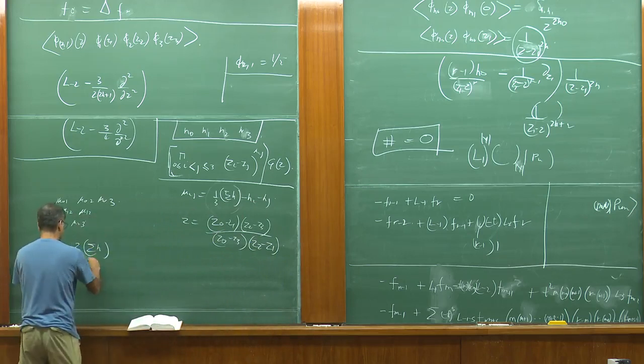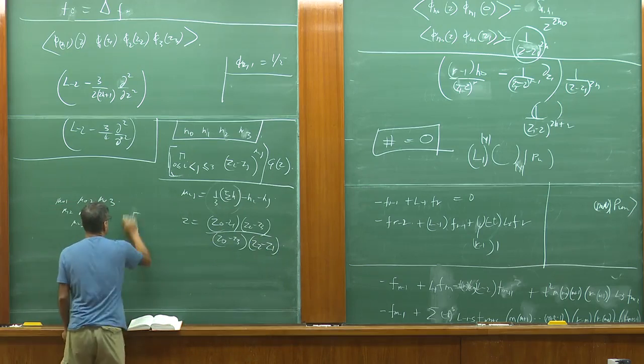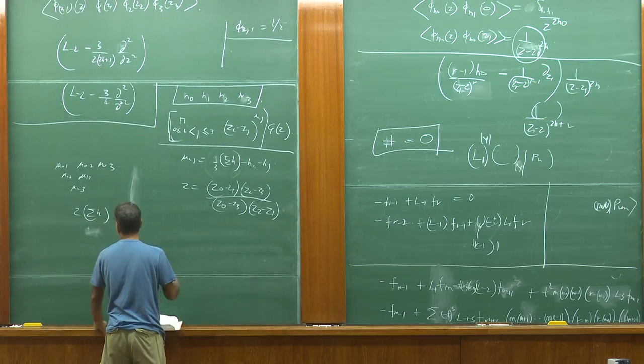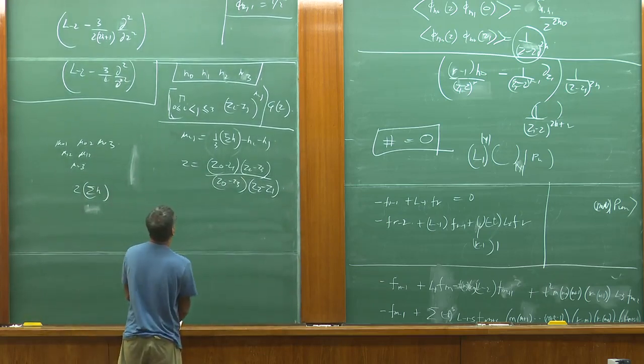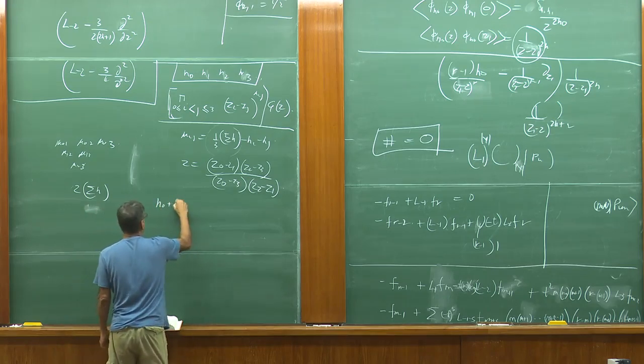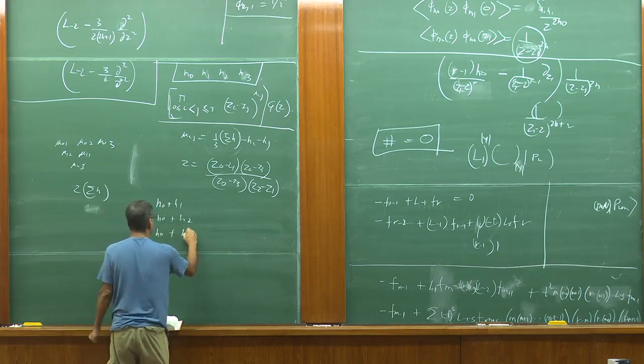So we will get h1 plus, for all these cases, each hi and each hj appear exactly 3 times. So we get h0 plus h1, h0 plus h2, h0 plus h3.